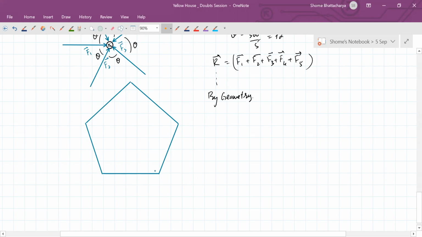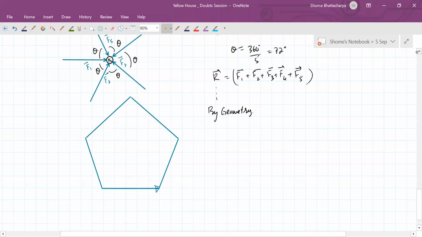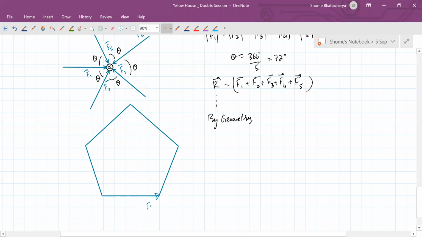Now correlate this with the diagram above. This is your F1, whatever magnitude F. Now this angle is your theta, which is 72 degrees. This is your F2, which has the same magnitude F, again at an angle of theta, 72 degrees, with respect to this.